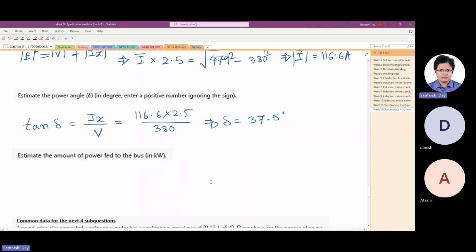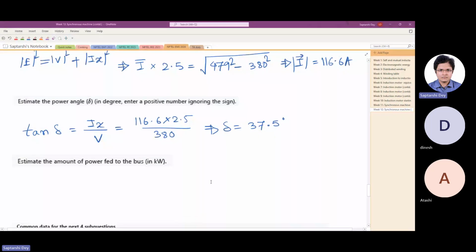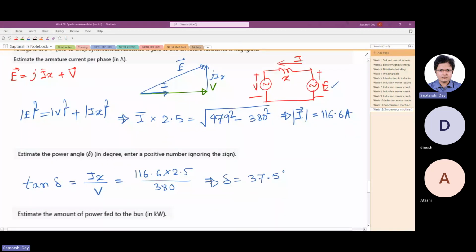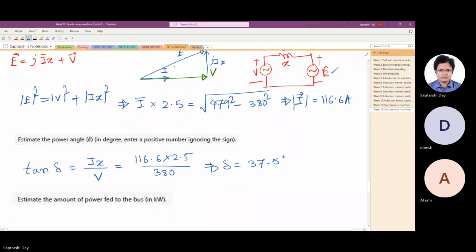Estimate the amount of power fed to the bus. We can do it per phase, then multiply by 3. We saw it last day, EV sine delta by X. Delta is the angle between E and V. This is delta.